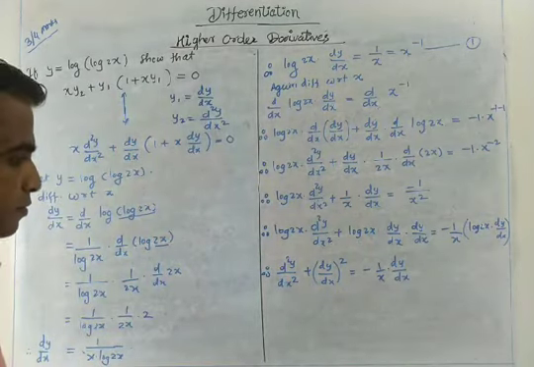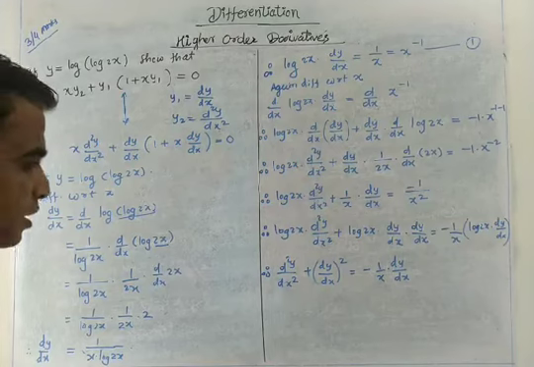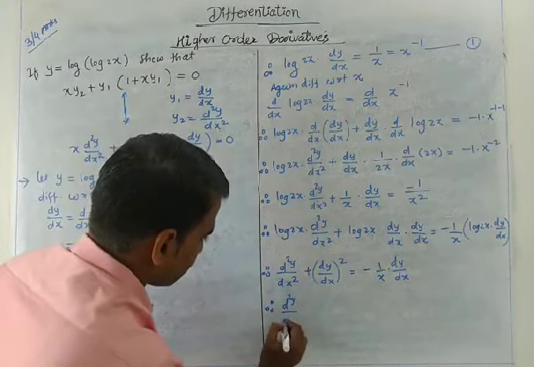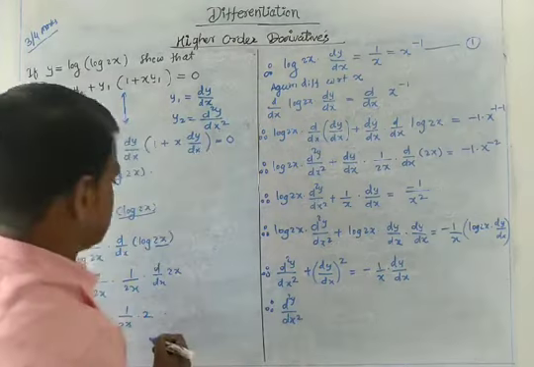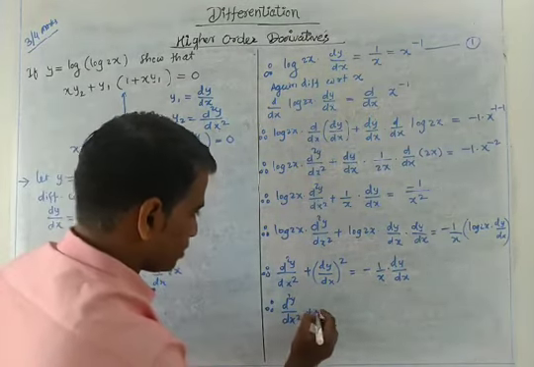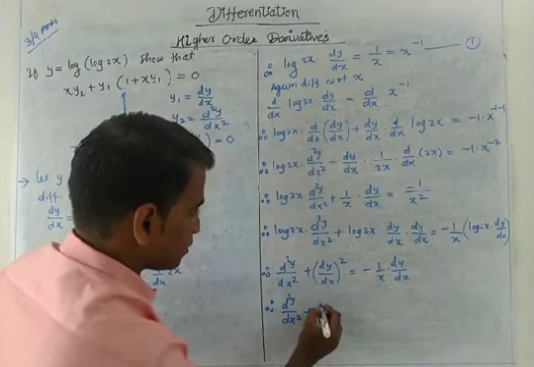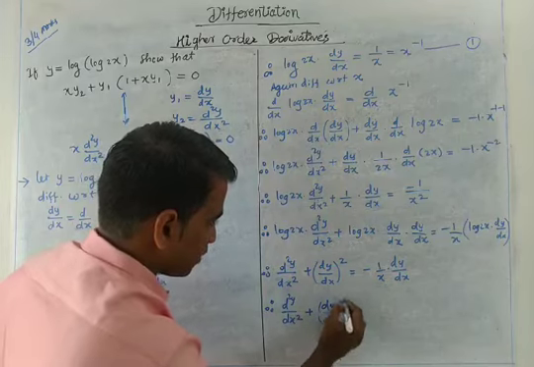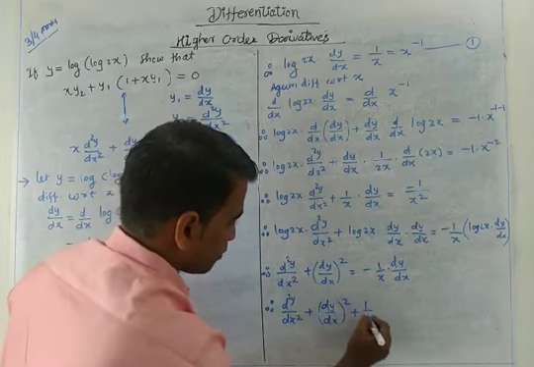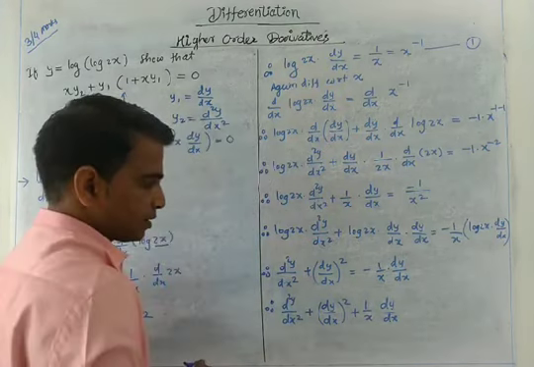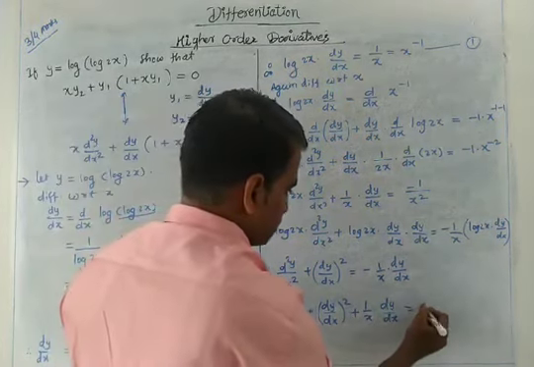Okay, clear? Now shift the value: d square y upon dx square plus dy upon dx bracket square plus 1 upon x dy by dx is equal to 0.